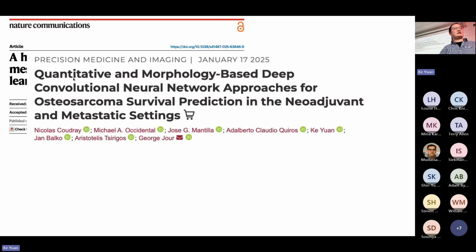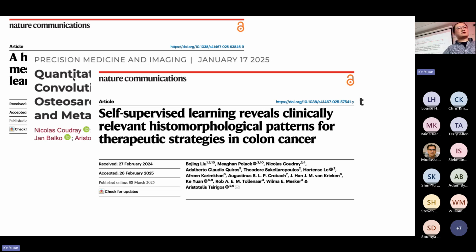Our collaborators look at different cancer types, bone cancer, and also different therapeutic settings. In this case, they look at colorectal cancer with neoadjuvant therapy, in terms of predicting neoadjuvant therapy response. Those clusters seem to carry some predictive power there as well.